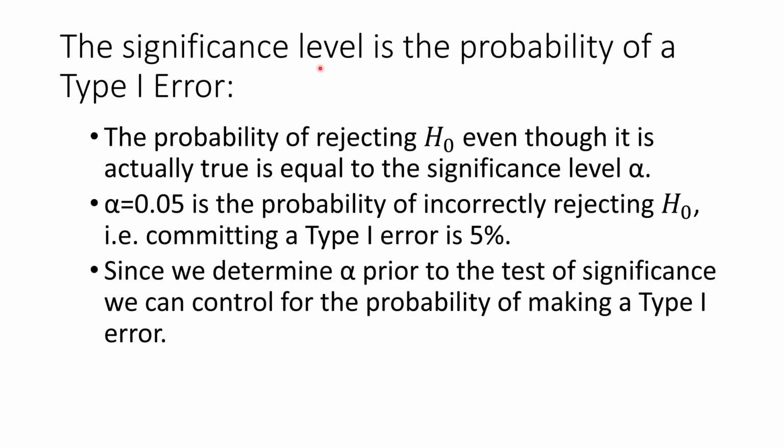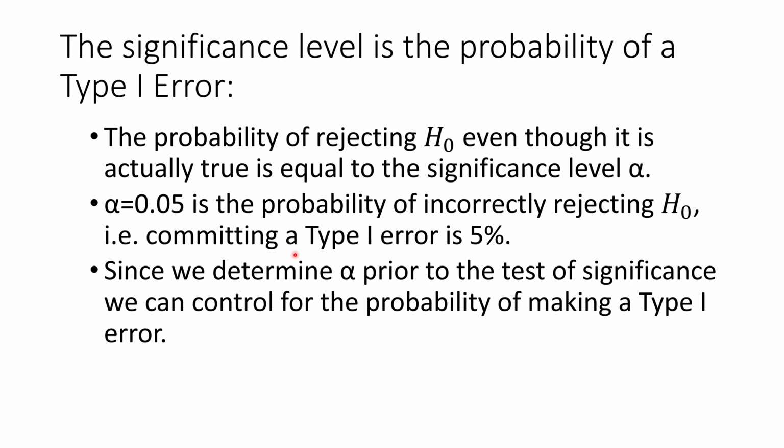The significance level is the probability of a type 1 error. The probability of rejecting the null hypothesis, even though it is actually true, is equal to the significance level alpha. Significance level alpha, usually equal to 0.05, is the probability of incorrectly rejecting the null hypothesis.